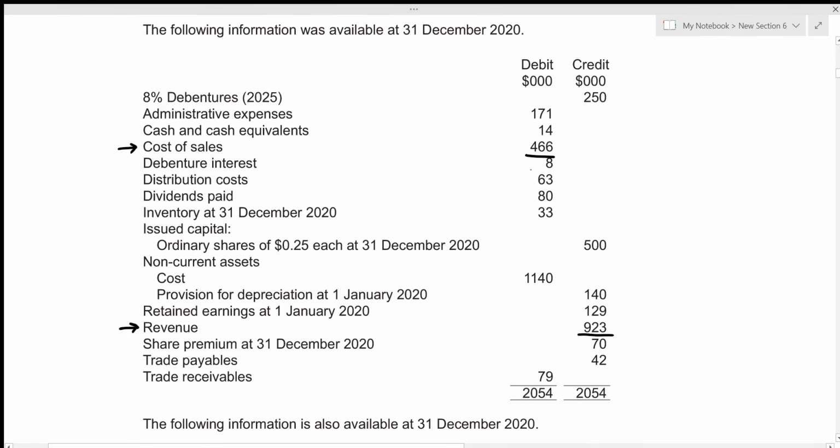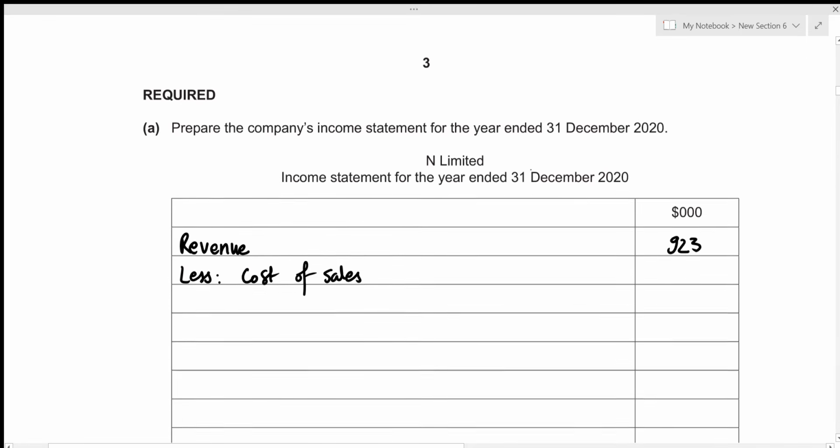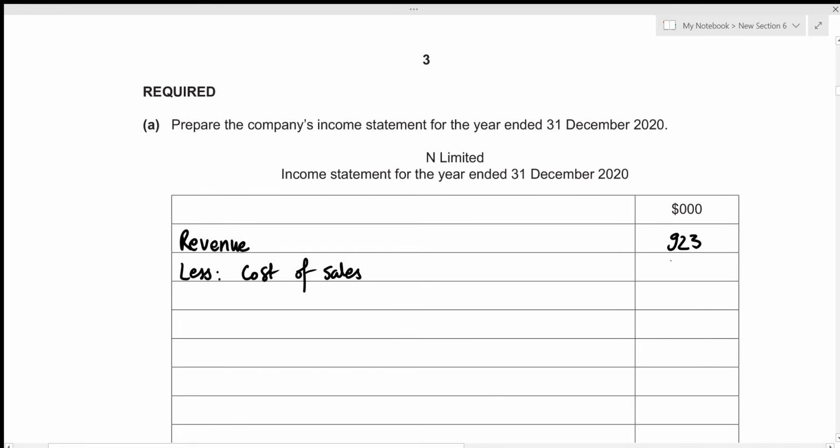We're just going to substitute this value into the income statement now. Now we can easily figure out the gross profit amount. That will be 923 minus 466, which gives us 457,000.